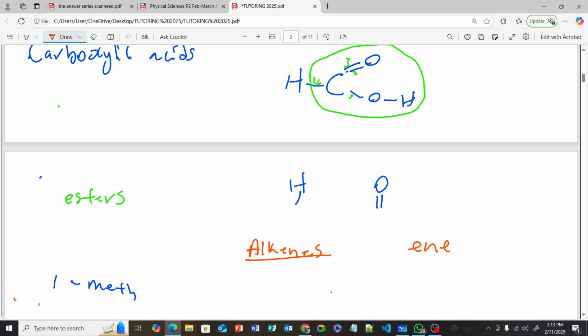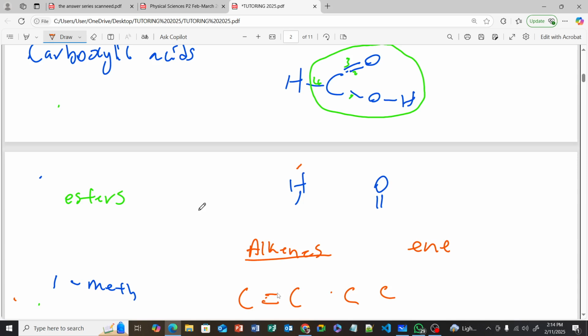Now, how do we deal with the problems of alkenes? Okay, now for example, we'll have 1, 2 and 3. Okay, I will say 4 for argument's sake. Now I will put a double bond here.